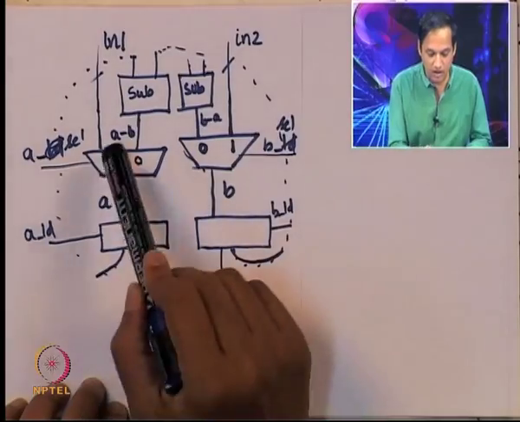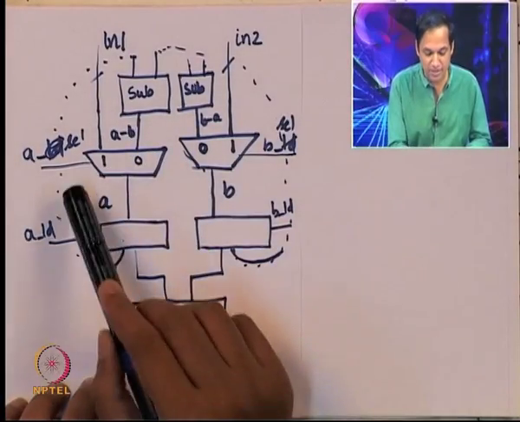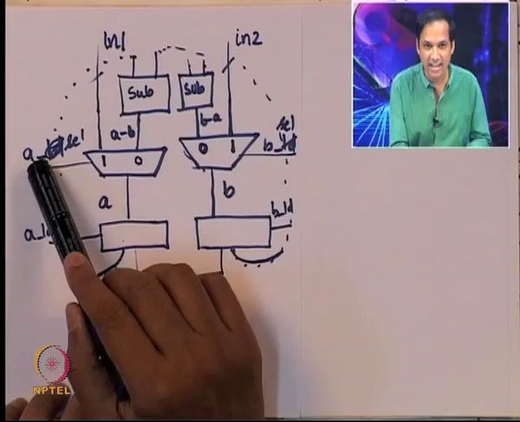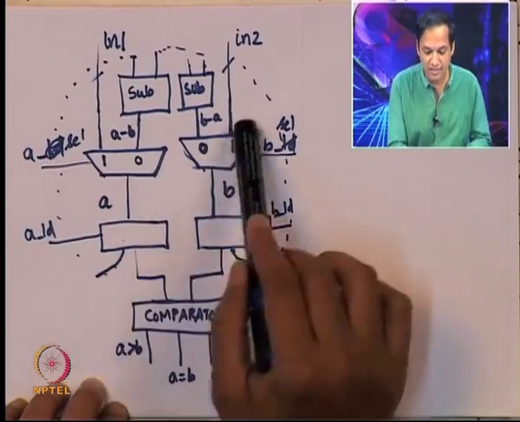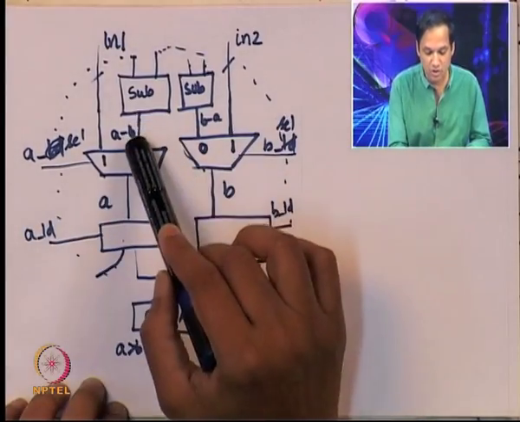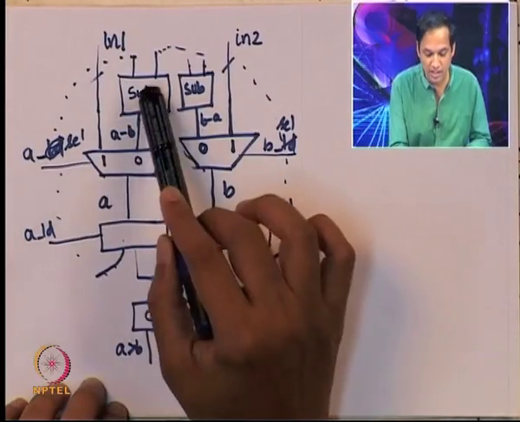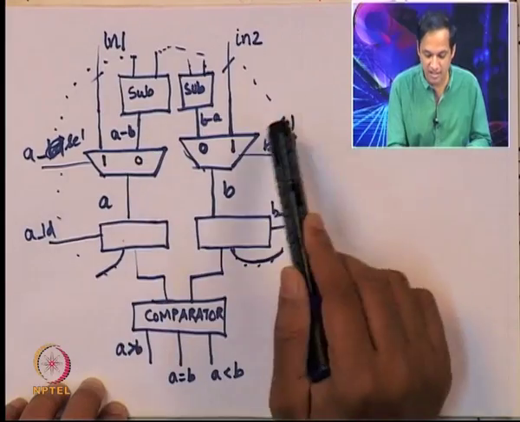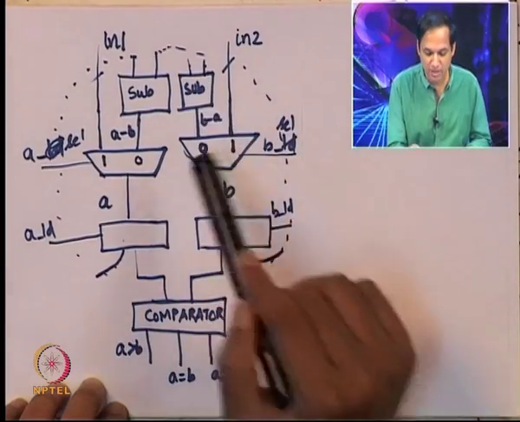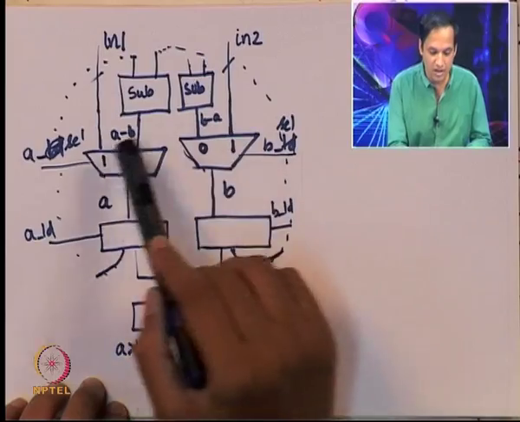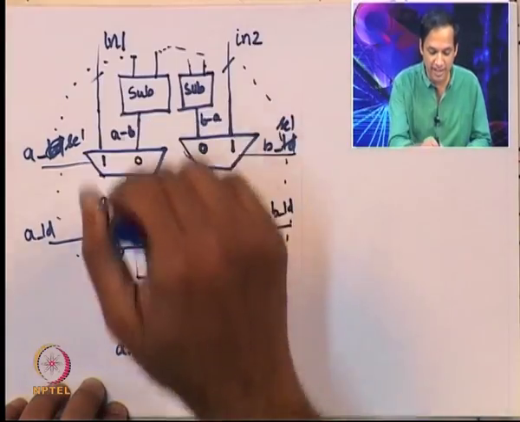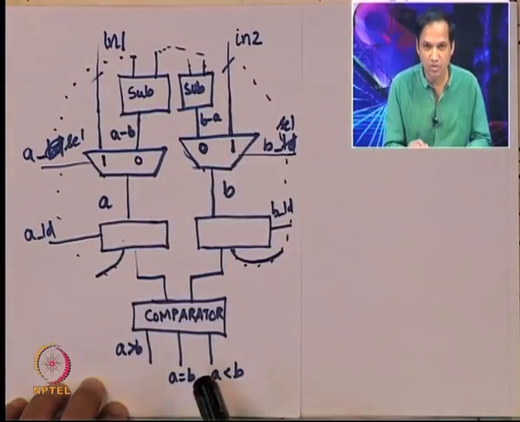Once that happens, we need to appropriately select one of these things. A select should first of all go to 0, so that it can start taking from the subtractor. B select should also take it from the subtractor, so it should also go to 0. It will remain at 1 only when you want to take the external input; otherwise it should go to 0.